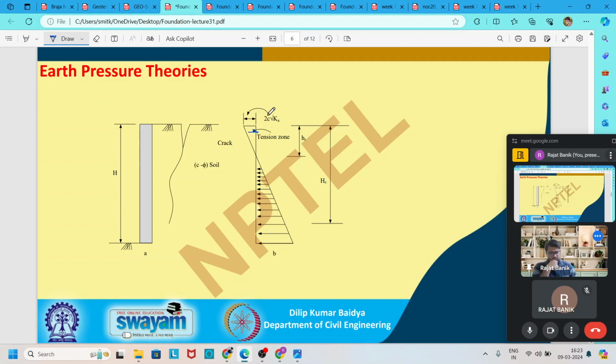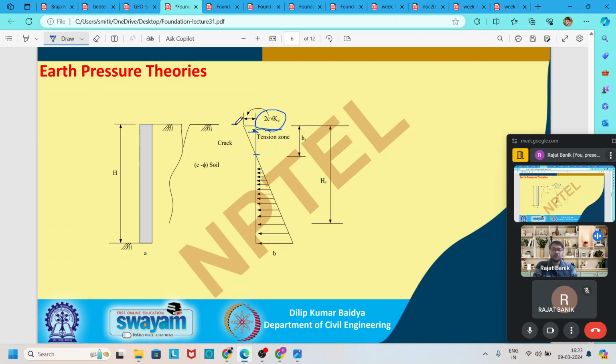So a crack may happen due to the tension at the upper zone, because this cohesion acts as a tension in this upper zone.